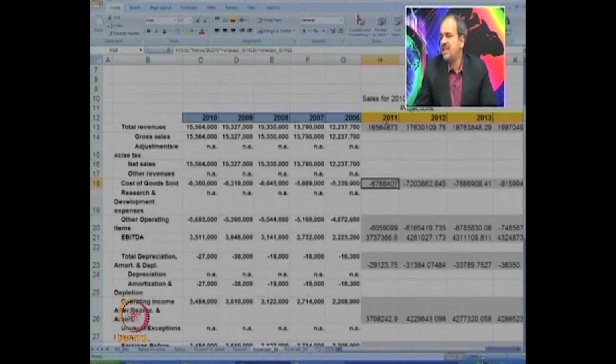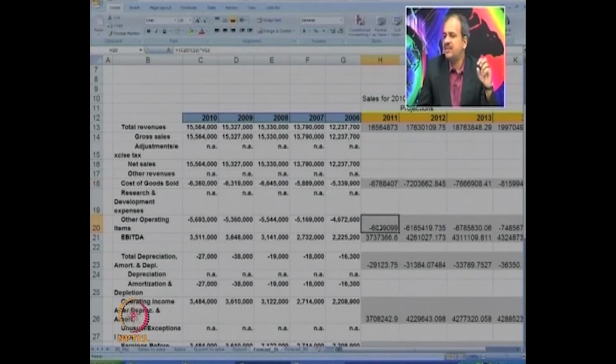Now, for forecasting the income statement, we have used the same ratio. We have assumed that on the forecasted sales, which are forecasted as per the CAGR of sales, if the gross margin remains constant, the cost of goods sold will be approximately 40%, and 60% is going to remain the margin. Are you able to get me?